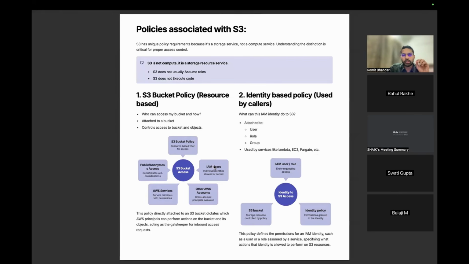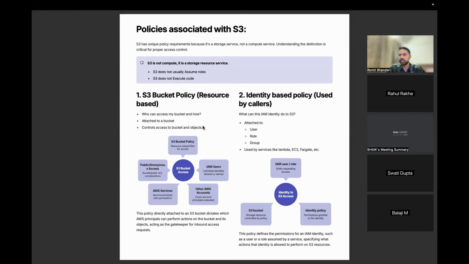Quickly touching on policies associated with S3, and we will stop after this. I think we are out of time as well. For you to access resources in S3, first of all, please remember S3 is not a compute service.